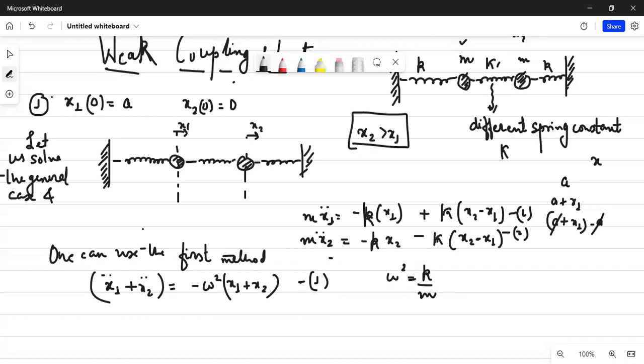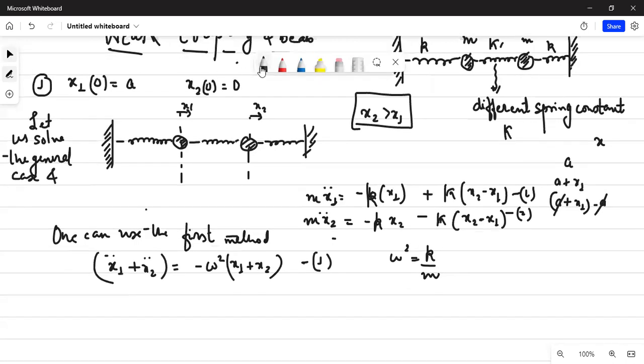Okay, and another one would be to subtract equation 2 from equation 1. So x1 double dot minus x2 double dot will be equal to, what should I write, 2 kappa upon m, sorry, this will be (x2 minus x1).